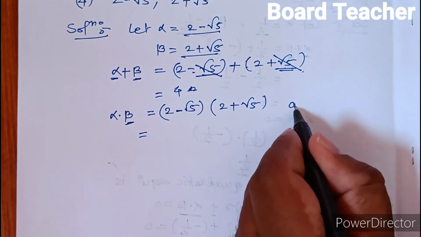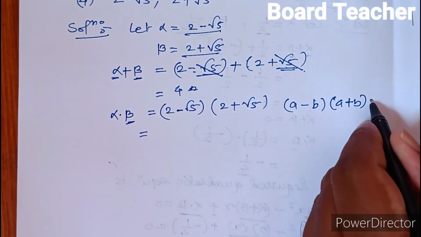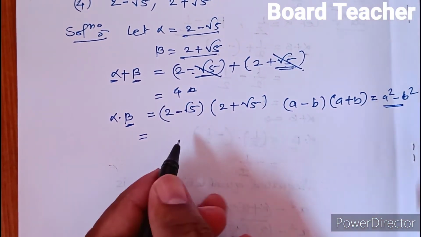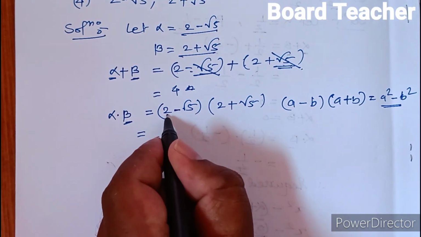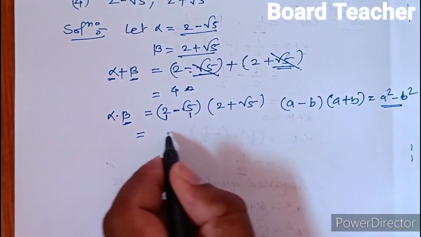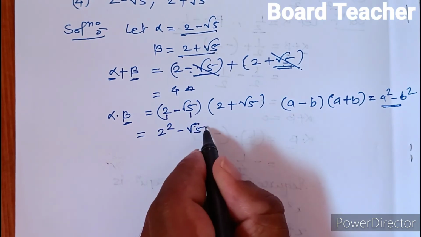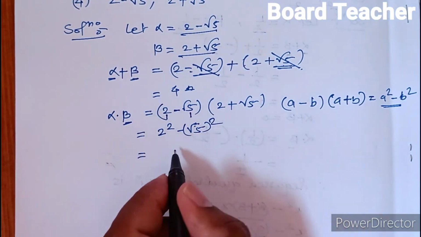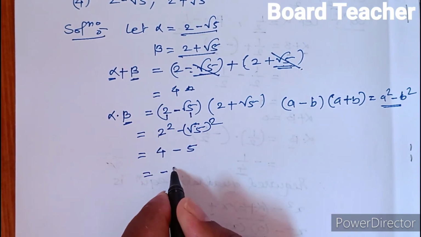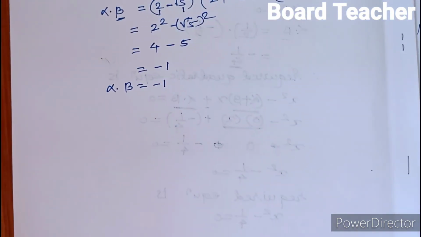Here we use the formula (a minus b)(a plus b) equals a square minus b square. The value of a is 2 and b is root 5, so we get 2 square minus root 5 square. On solving, 2 square is 4, root 5 square is 5, we get minus 1. So alpha dot beta equals minus 1.